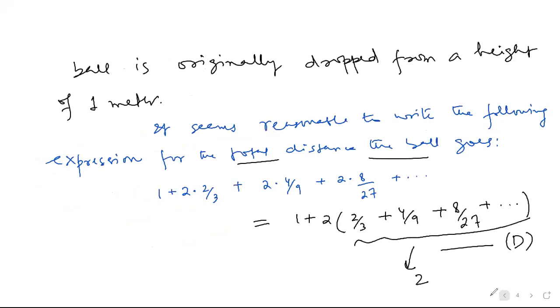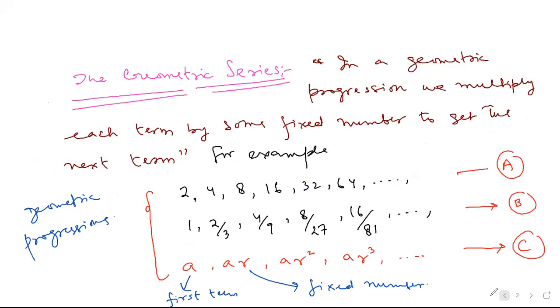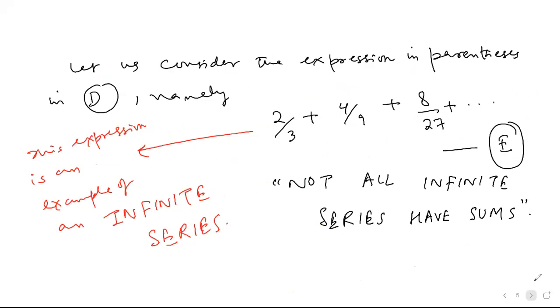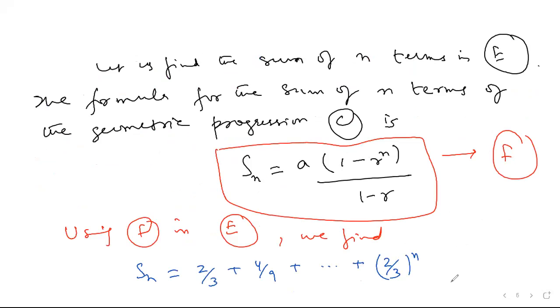And we said if we form an infinite series by adding the entries in the first geometric progression A, which represented the population of the bacteria, it does not have a finite sum. And we said even when an infinite series has a finite sum, we cannot add it by just adding the terms, because no matter how many we add, there are always more terms. So we must find another method.